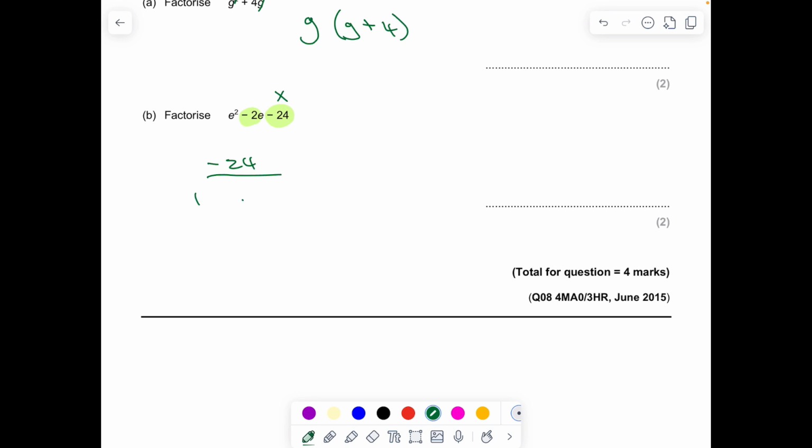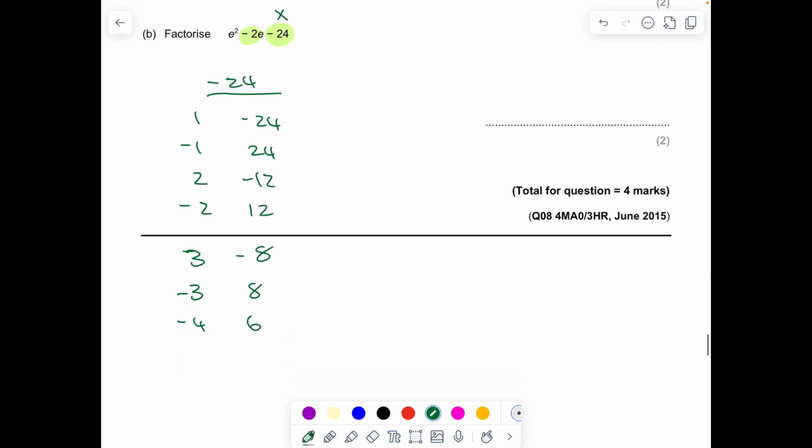So 1 and minus 24, minus 1 and positive 24, 2 and minus 12, minus 2 and 12, 3 and minus 8, minus 3 and 8, minus 4 and 6, and positive 4 and minus 6, sorry, I should say.